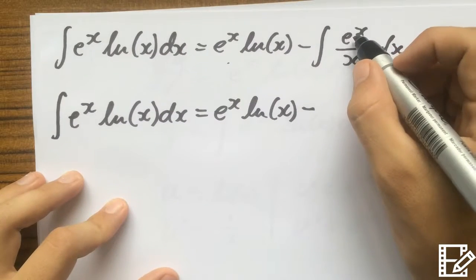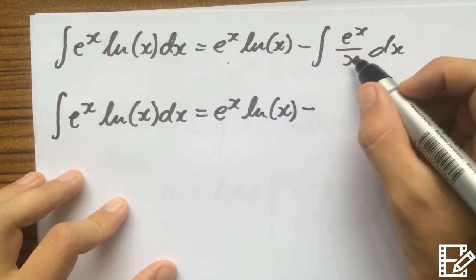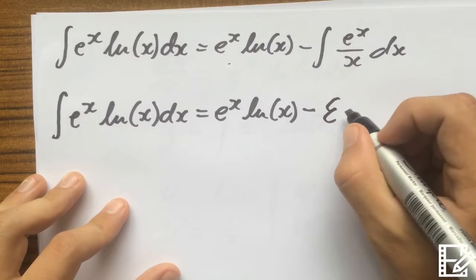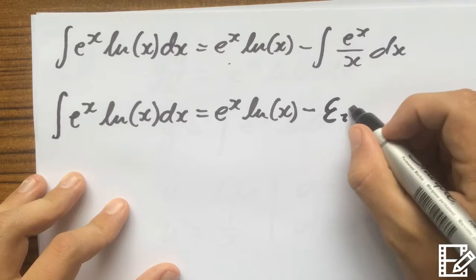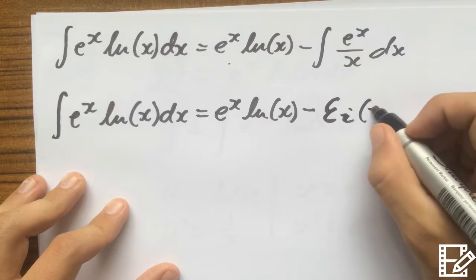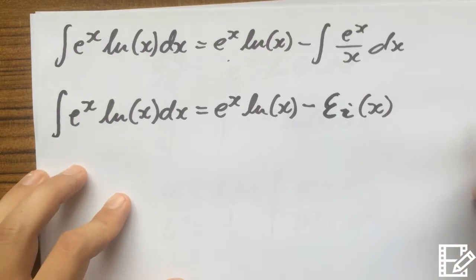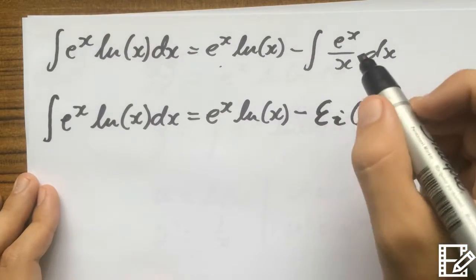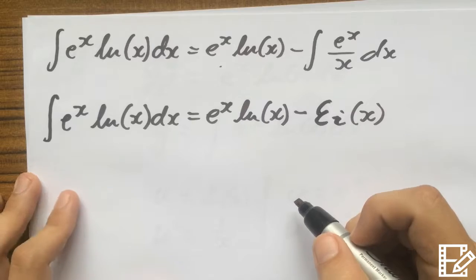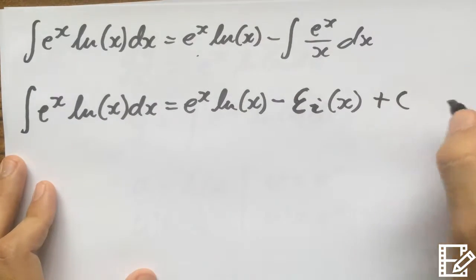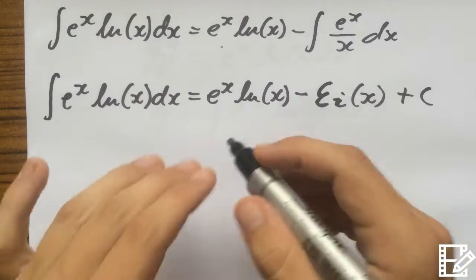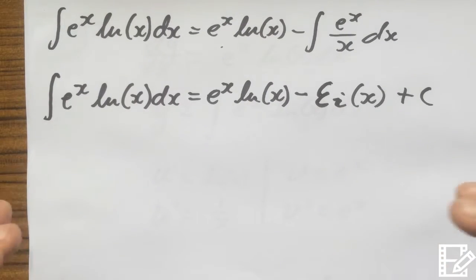Now we have e, the variable is x, and it's on x. If you search it up, you will find it to be a capital E, little writing i, and then an x. That signifies this up here. It signifies the integral of e to the power of x on x. I'm going to add a plus c at the end because you need the constant. Okay? And I'm not going to rewrite this. This is good enough for me.